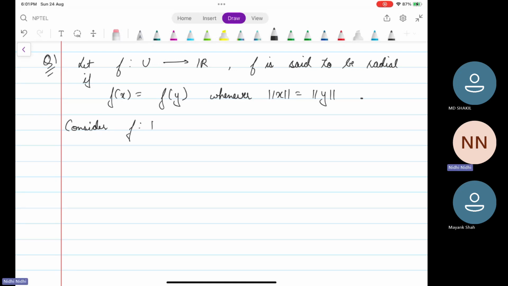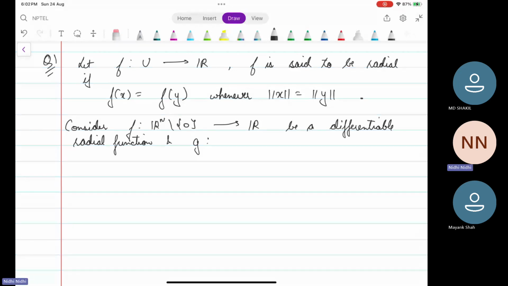So consider a function f from Rn minus 0 to R, a differentiable radial function, and g is a function defined on R plus to R such that f at any point x is equal to g at norm x.